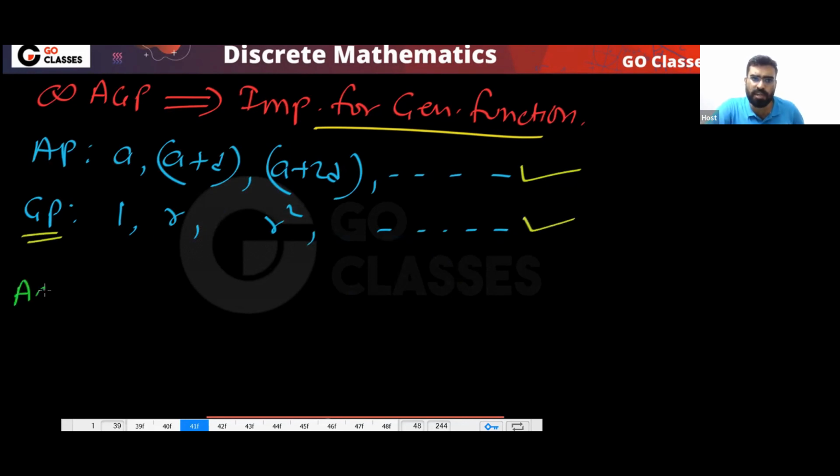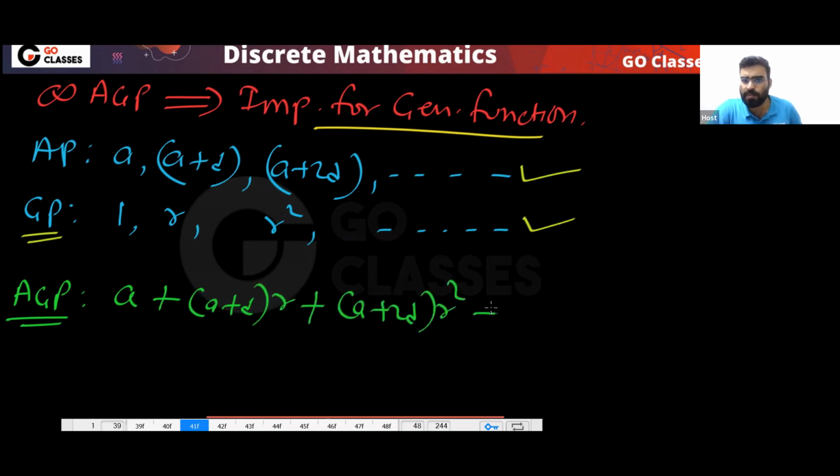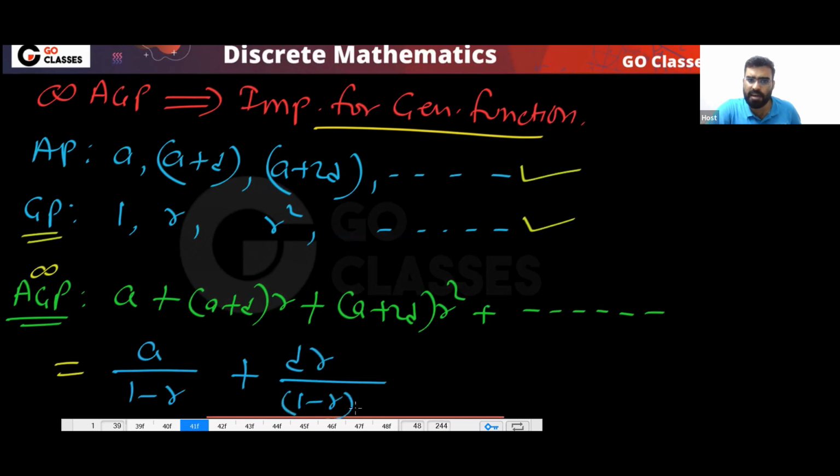In this situation you will get the AGP A plus (A plus D)R plus (A plus 2D)R square, and so on. For this infinite AGP, the formula is A upon 1 minus R plus DR divided by 1 minus R whole square. Okay, this is the formula.